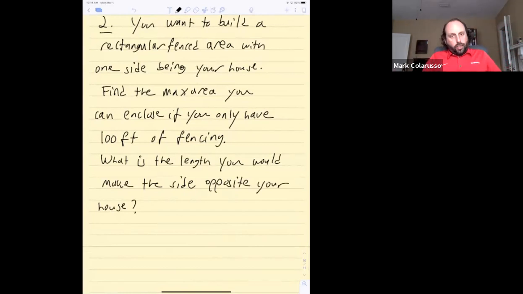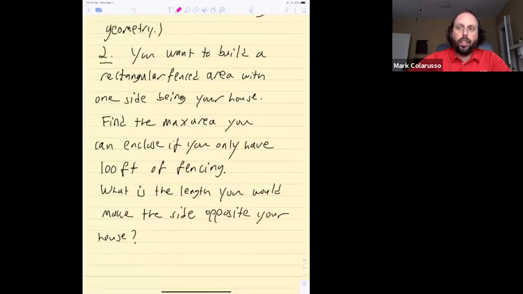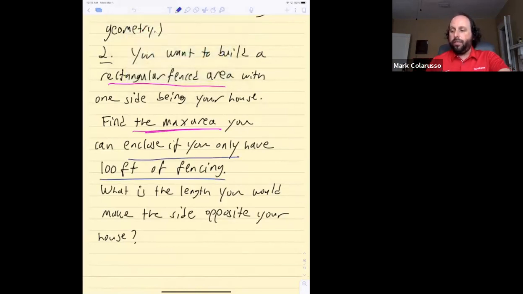Okay, so this is a much more involved problem. Let's read it carefully and identify what it is we have to maximize. Eventually, we need to identify the constraint, etc. So we want to build a rectangular fenced area with one side being our home, and we want to maximize that area, under the constraint that we have 100 feet of fencing available to do this.